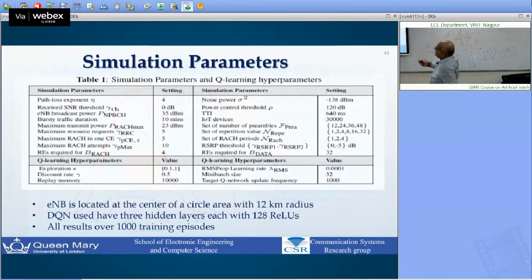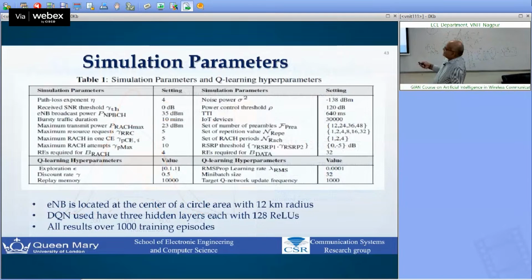Here we consider the learning rate and discount factor, all these factors. Then, the maximum transmit power for random access by the IoT device.